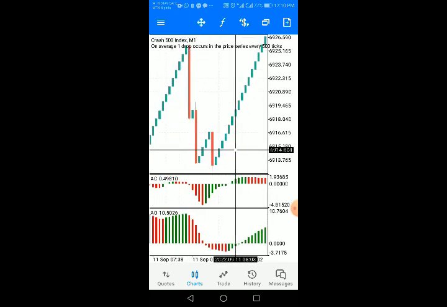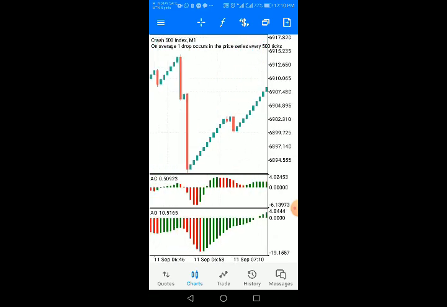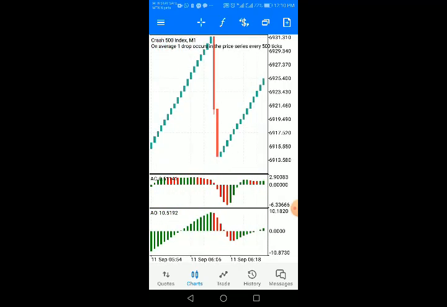So that's how the strategy works. So you can see it. So just one candle and you're out of the market. Just one candle and you're out of the market. With this, you can easily make $1 per candle. You understand?